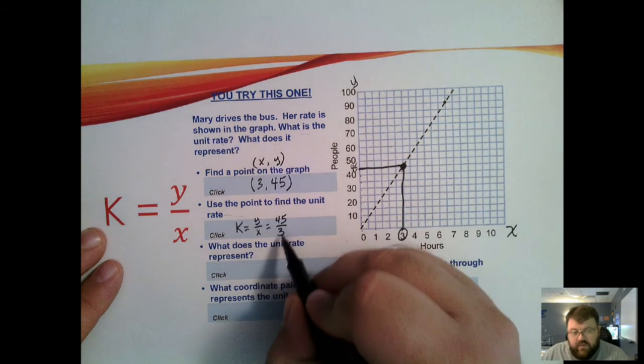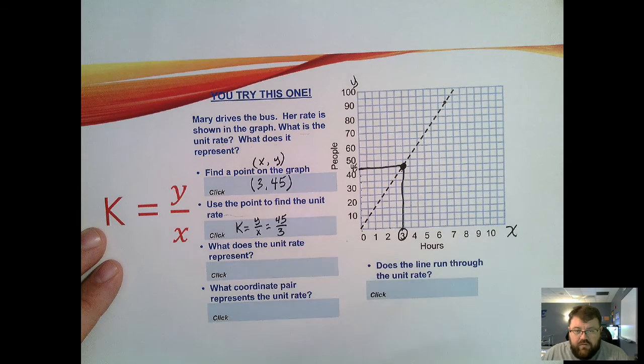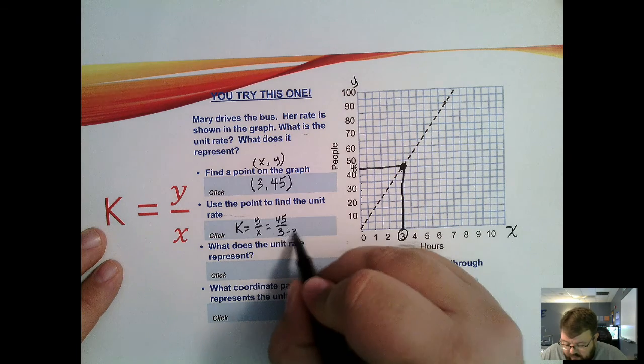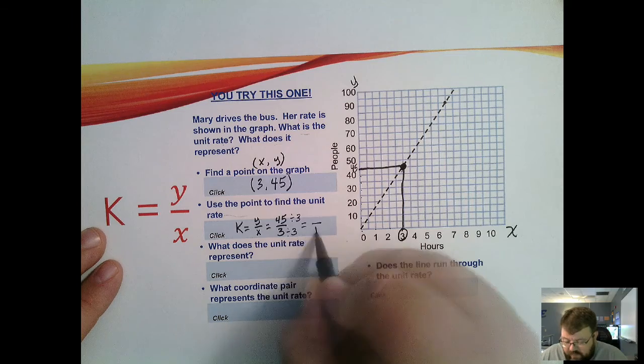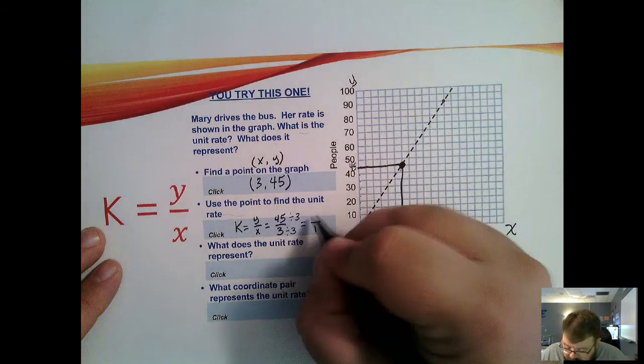Now, this is our rate, 45 people, 3 hours. Okay? What we need to divide by is the denominator. So you should have divided both of these by 3. 3 divided by 3 is 1. 45 divided by 3 is 15.